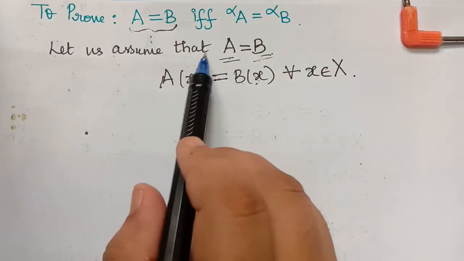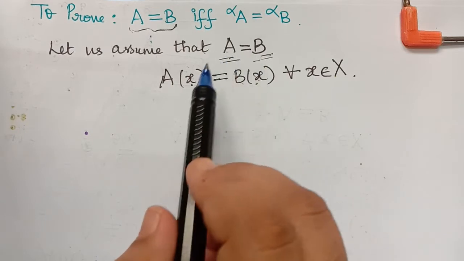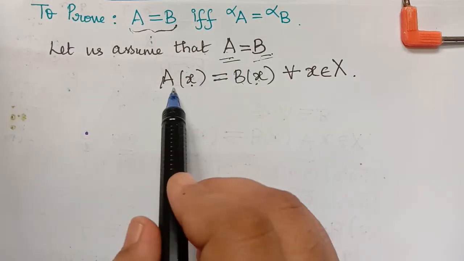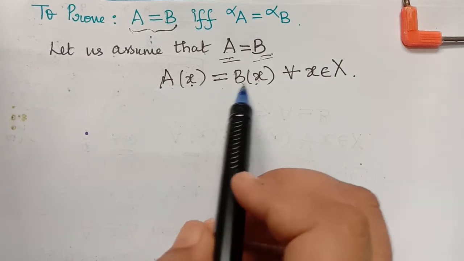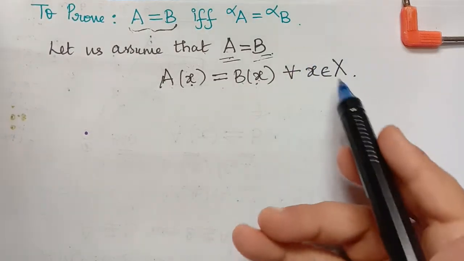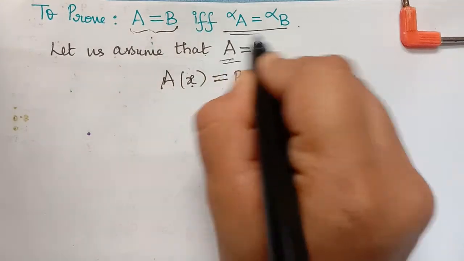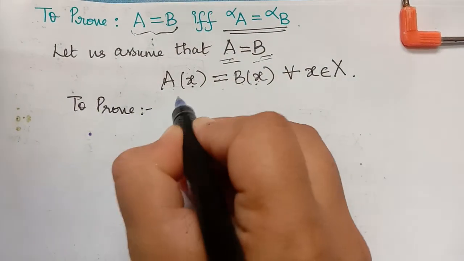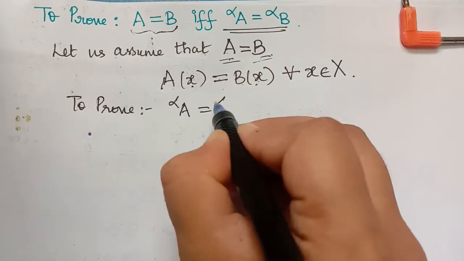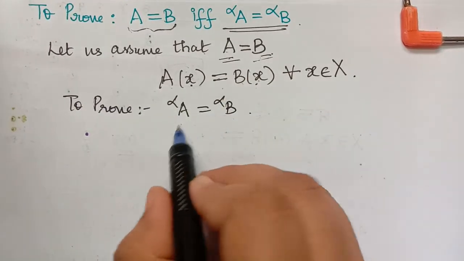So because we have assumed A is equal to B, the membership grade of X with respect to A, that is A of X, will be equal to B of X for all X an element of capital X. Now we have to prove that alpha cut of A is equal to alpha cut of B. These two are crisp sets.